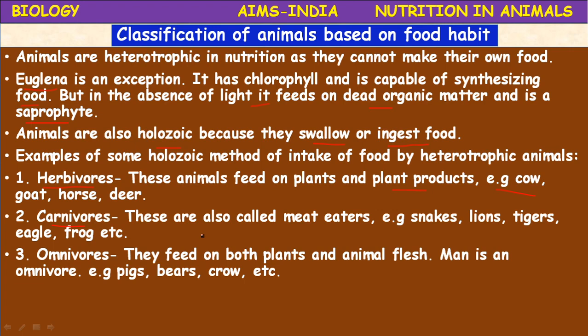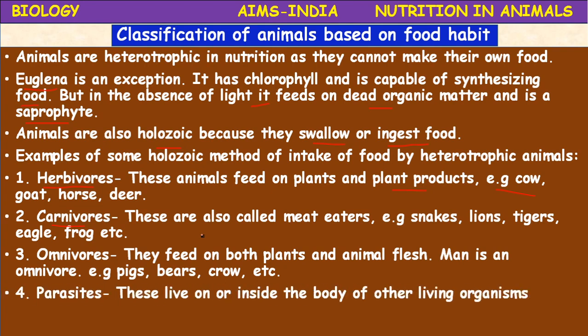This is one type of classification based on the food habit. The animals are classified into three major categories: herbivores, carnivores, and omnivores, which you already know, which you have been studying from the lower classes. And the next category is parasites. Parasites means these live on or inside the body of other living organisms.